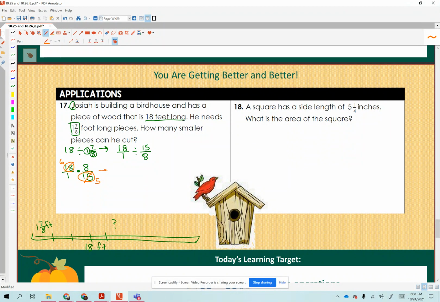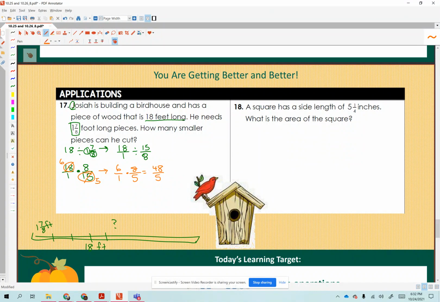So I can rewrite this again as 6 over 1 times, and I did invert, so this will give me 8 over 5. And when I multiply across, 6 times 8 is 48. 5 times 1 is 5.